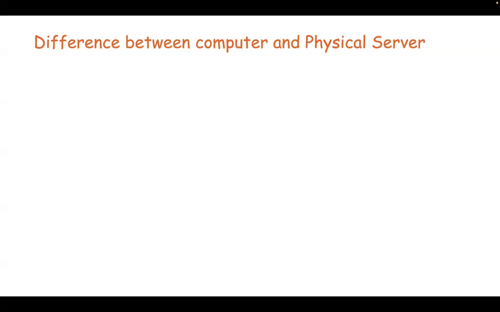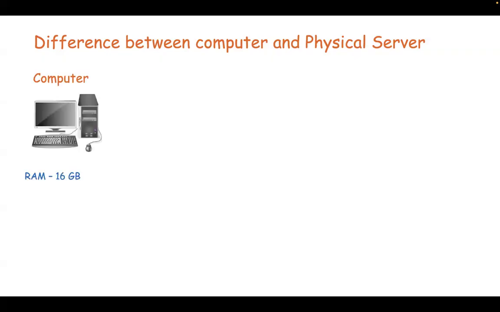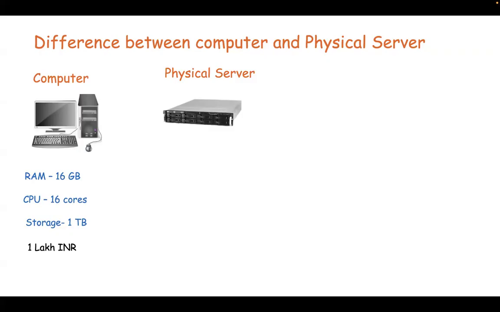Okay, Arvind, what is a physical server? You know a computer. A computer looks like this device. It has a RAM of maximum 16 GB, 16 virtual CPU cores, 1 terabyte storage. This is the configuration we all know for any computer, and the price will be around 1 lakh rupees. It depends on brand. Now a physical server looks like this object on the screen.